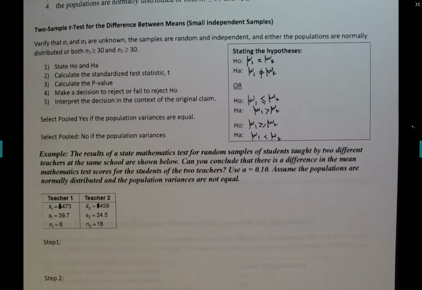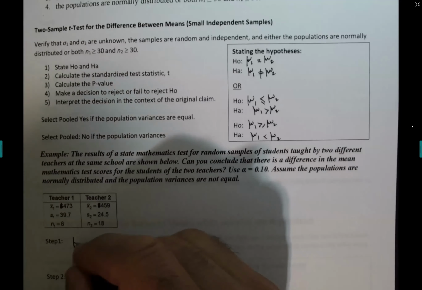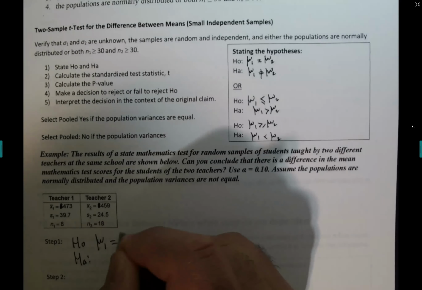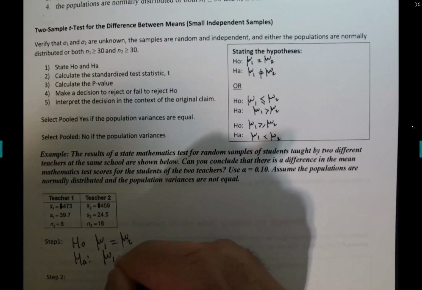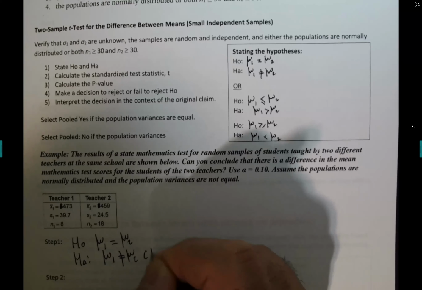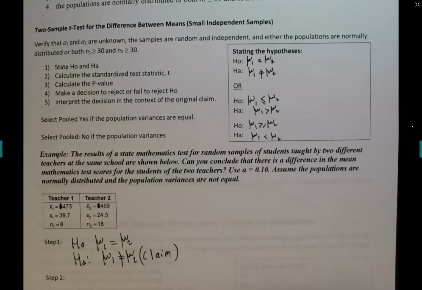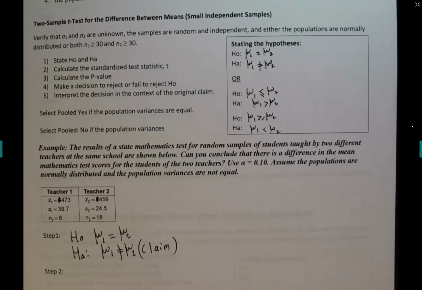First one. Does everyone agree that it is the first one? Yeah, difference means not equal to. I agree. And that's the claim. There you go. All right. We agree, guys.